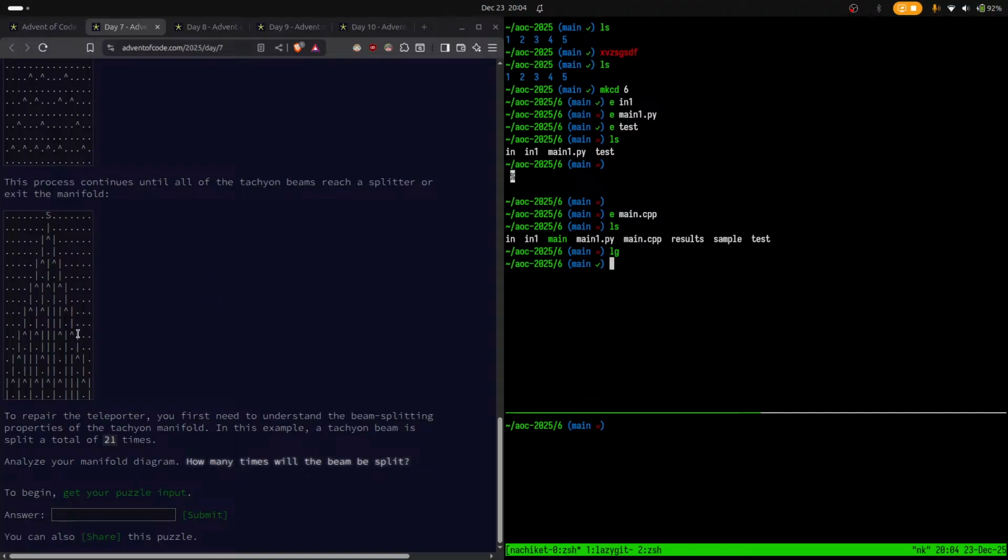And it's also possible that an obstacle can split multiple beams. That's why the answer is not simply the number of obstacles. The beams coming from this will coincide with this.